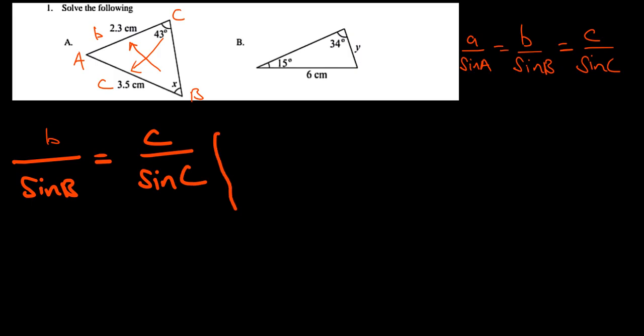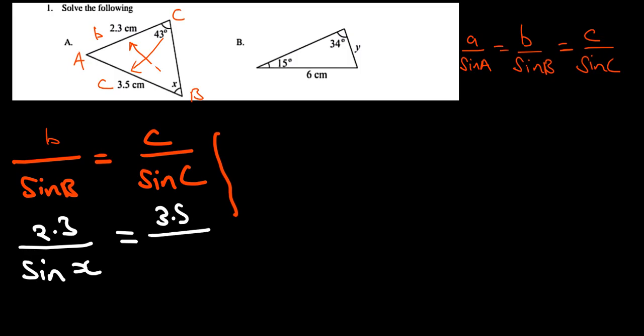What is our value of b? Our value of b will be 2.3, and we are dividing this by sine of the angle opposite to b, which is just x. It equals the side c, which is 3.5, divided by sine C, and the angle C is 43 degrees.